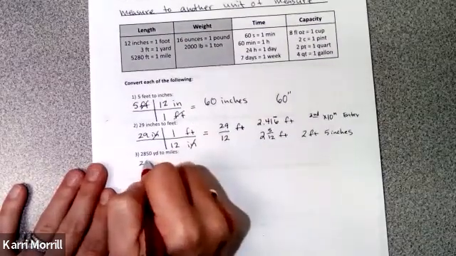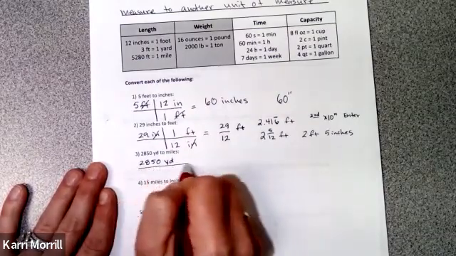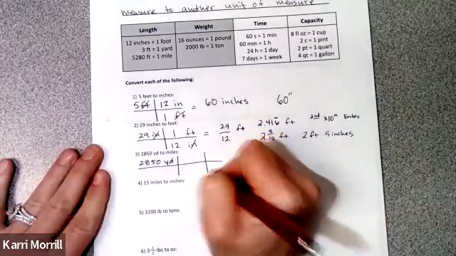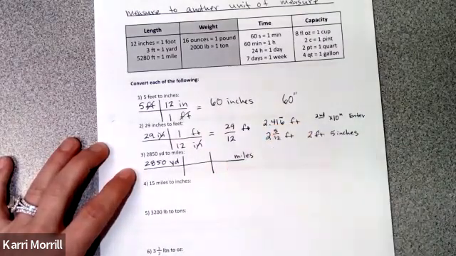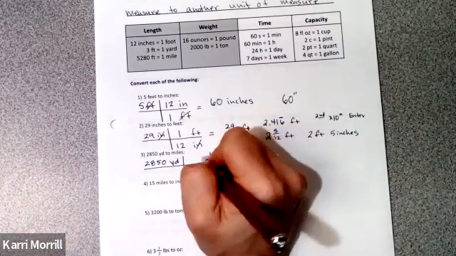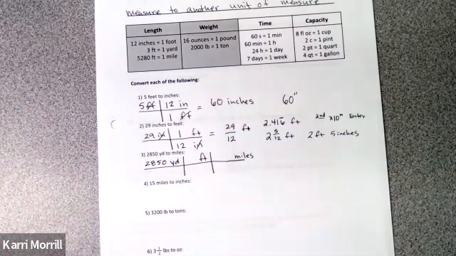So we're going to say 2850 yards. And then we need to think about, what do we know? How many yards are in a foot? Do we know that? So we know we're going to have an in-betweener. So we know we're going to have to end in miles. So I'll probably have to turn yards to feet and then feet to miles in this one.